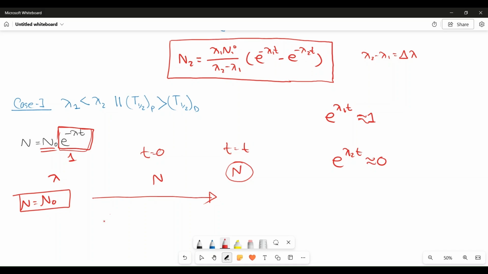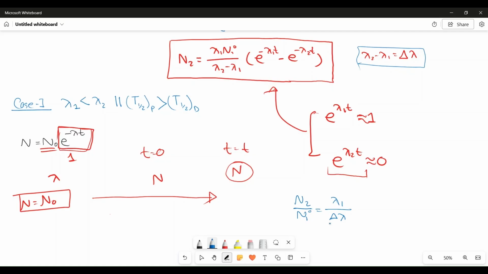So the amount of decay for the daughter element is nearly 0, because it barely has something to decay, right? So this part will be 0. So if you put this in this equation, for case 1, you will get N2 by N1 equals lambda 1 over del lambda.